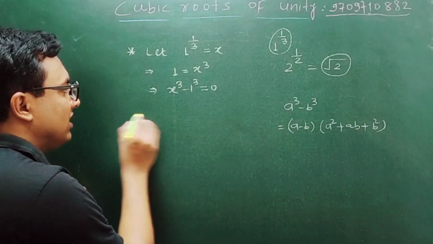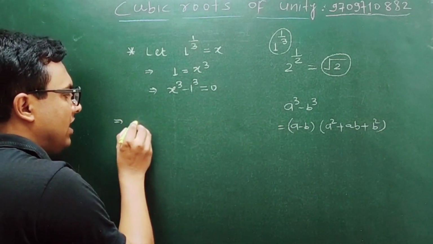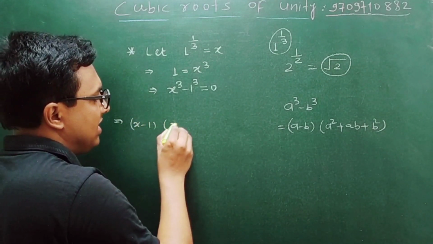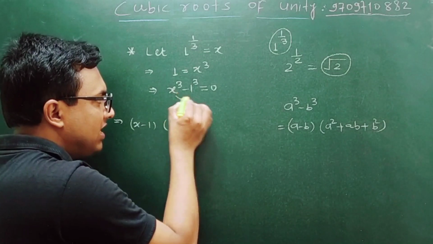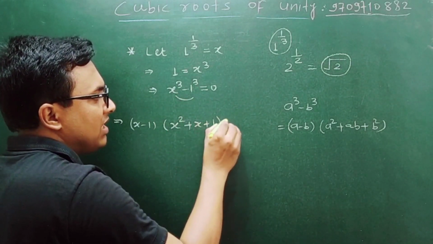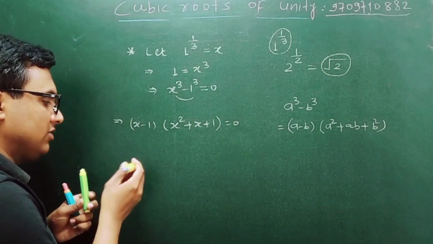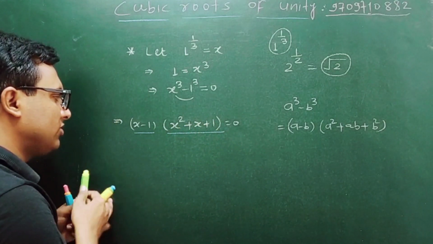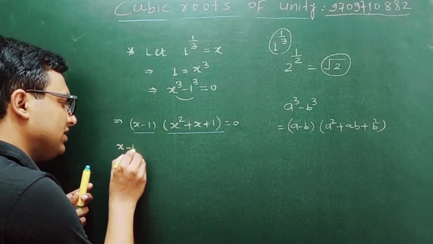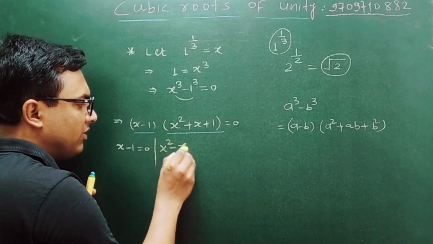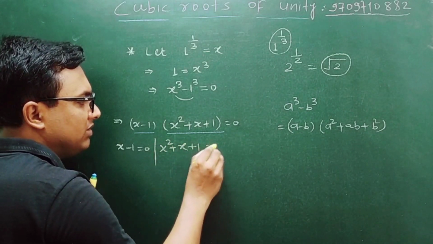So using this formula we get (x minus 1) into (x square plus x into 1 plus 1 square) equal to 0. So x minus 1 is equal to 0 and x square plus x plus 1 is equal to 0.